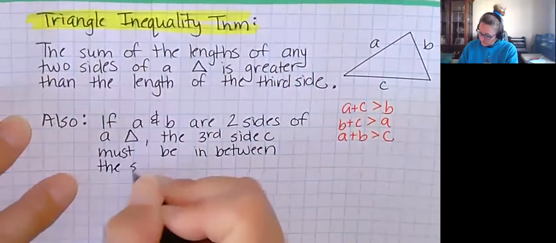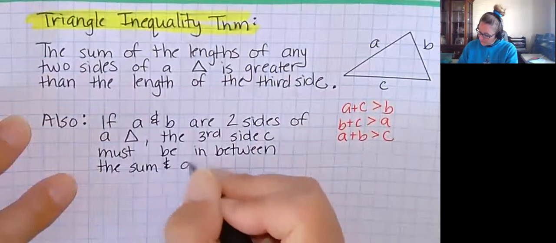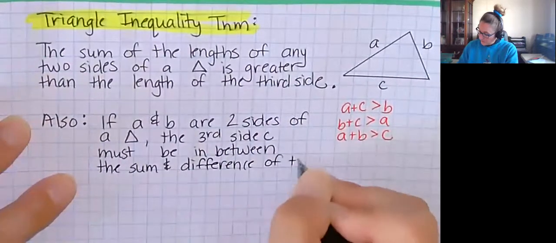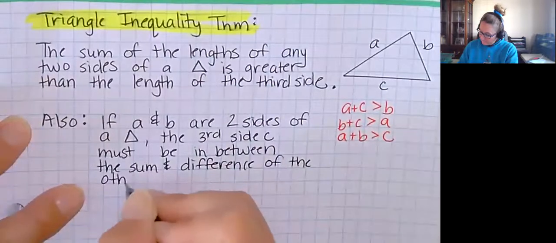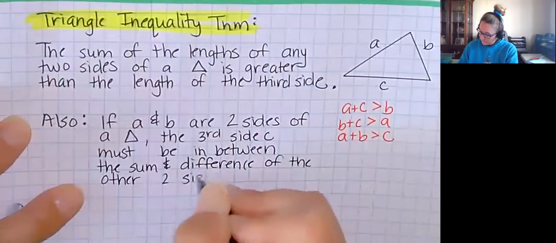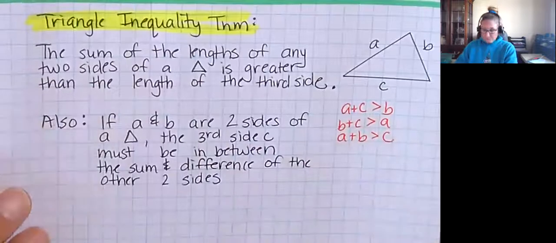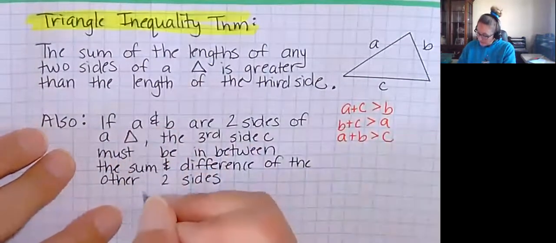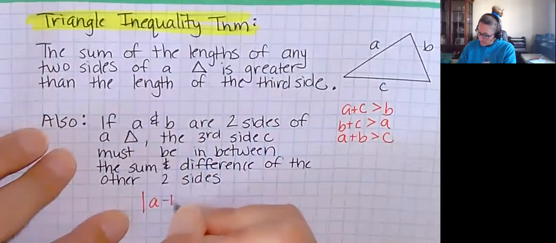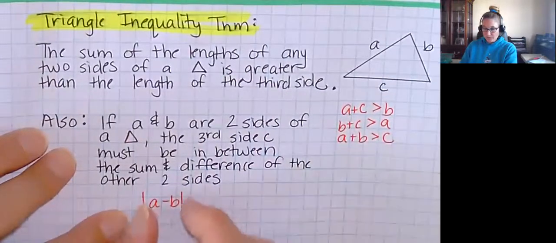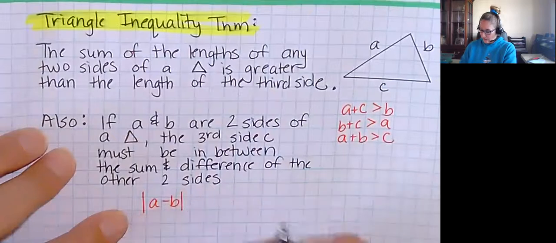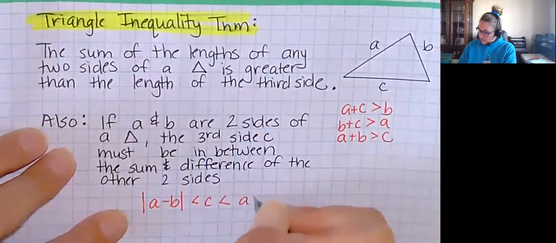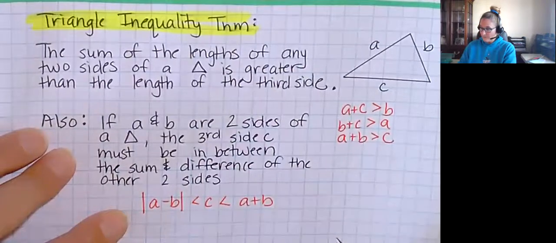So basically, if I know A and B and I'm trying to find C, I am going to subtract A and B. Now I'm writing the absolute value of A minus B because I want whatever the positive of this is. So the absolute value of A minus B is less than C, which is less than the sum of A and B. Okay.